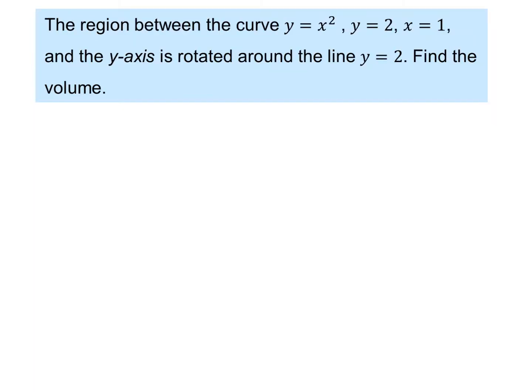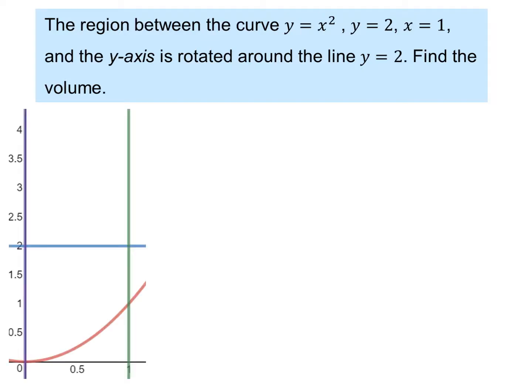So let's look at the region that's between the curve y equals x squared, y equals 2, x equals 1, and the y-axis. And we're going to rotate this region around the line y equals 2. So you can see that region there, bounded between all 4 of those curves. And we're going to go around the line y equals 2. If we do that, we end up with this disk.